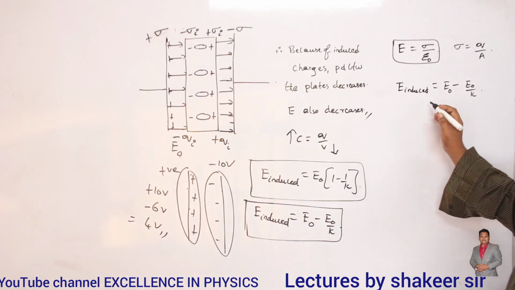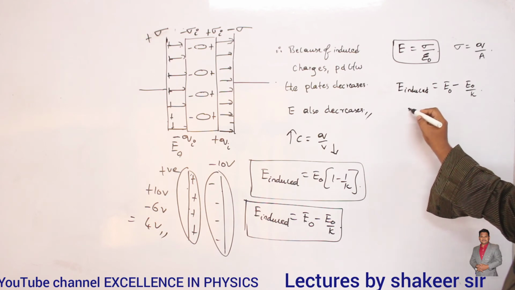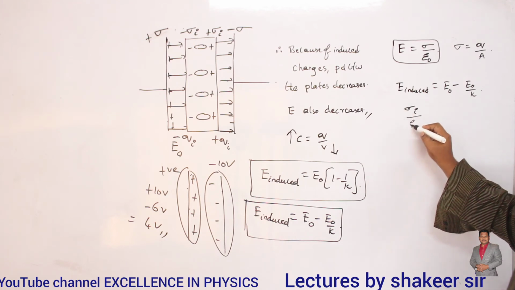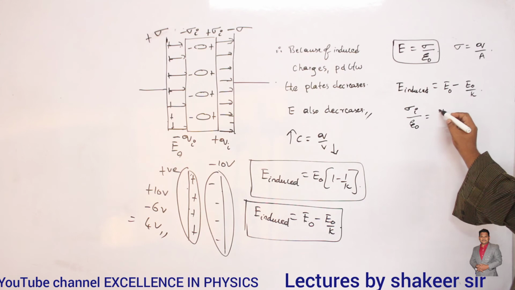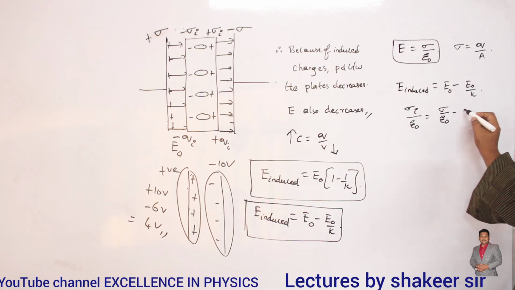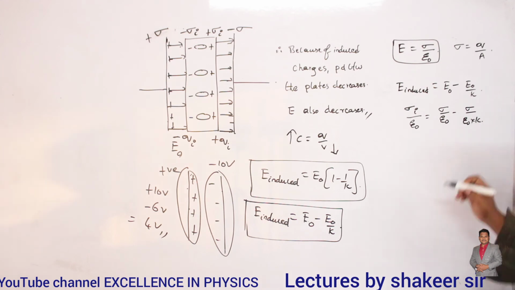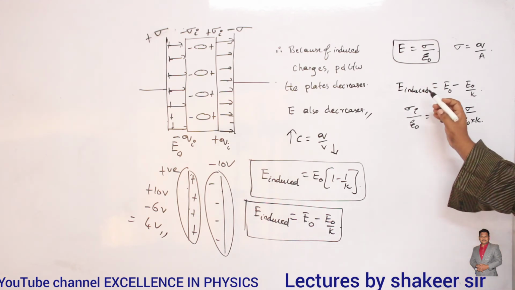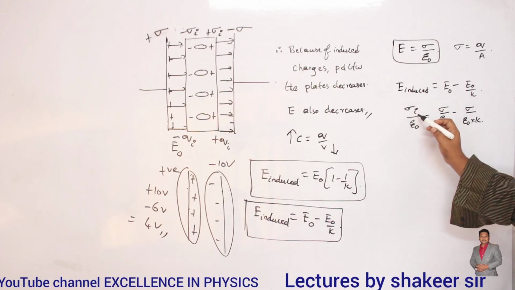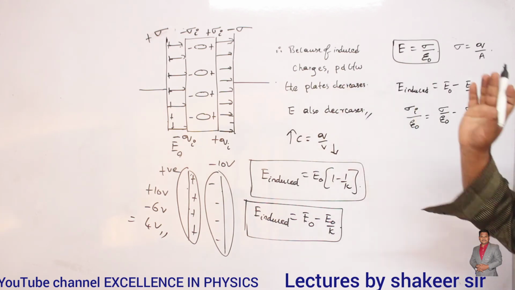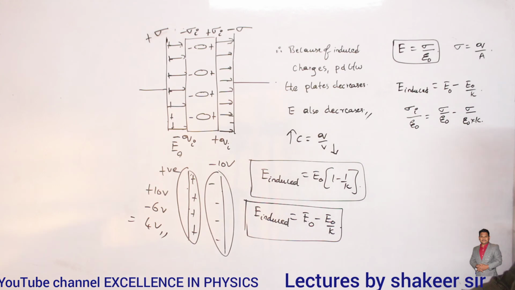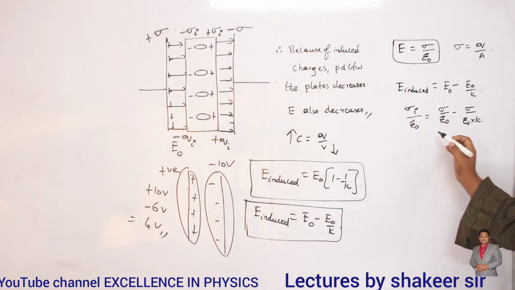So E induced, how can I write? I can write sigma induced divided by epsilon naught is equal to sigma divided by epsilon naught minus sigma divided by epsilon naught into K. This is how I can write. Clear? So the induced electric field is equal to the induced surface charge density on one side, the negative side of this dielectric, divided by epsilon naught.